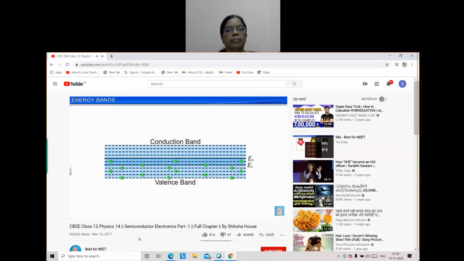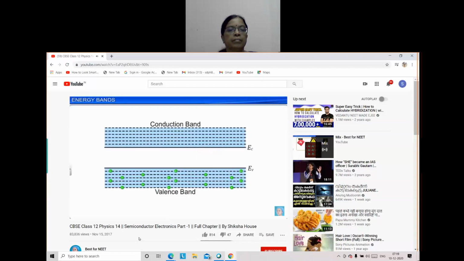When such an overlap occurs, the band gap Eg is nearly zero. In solids where a very small band gap exists, with no external energy available, there are no electrons in the conduction band. When a small energy is supplied, the valence band electrons move into the conduction band.